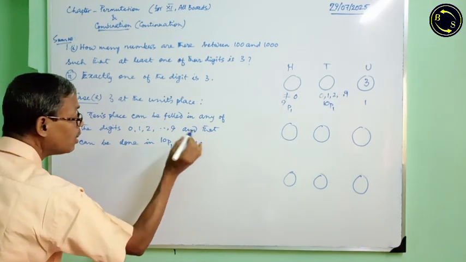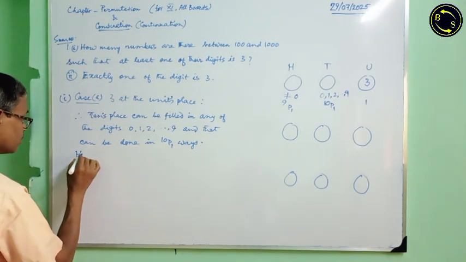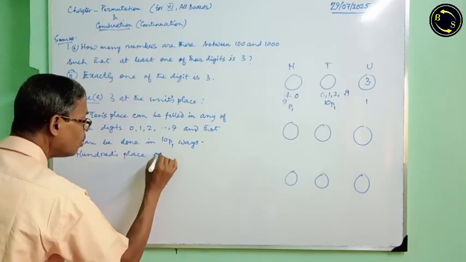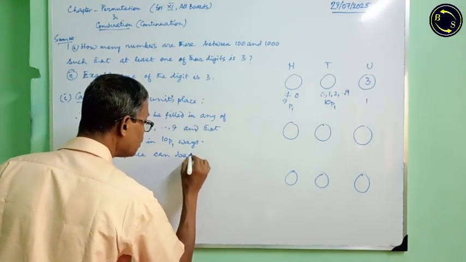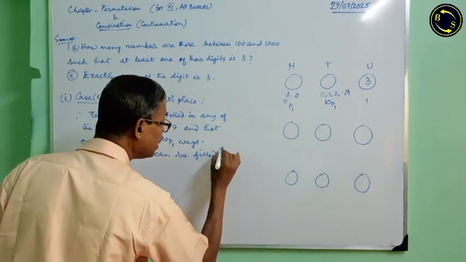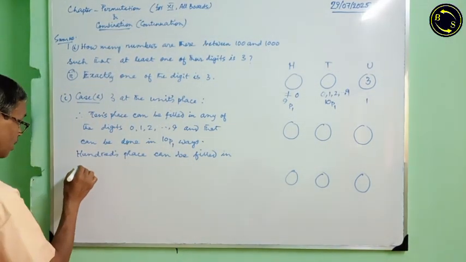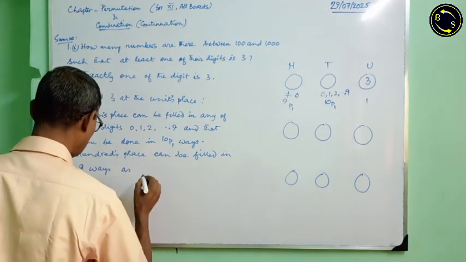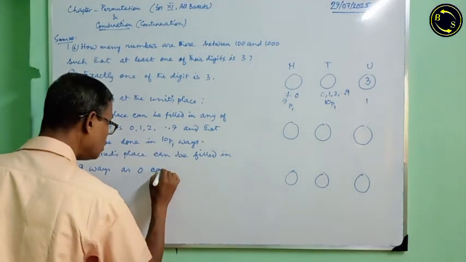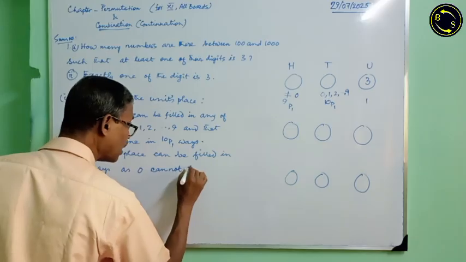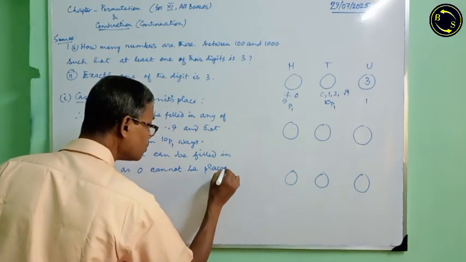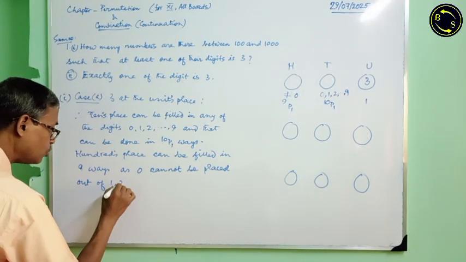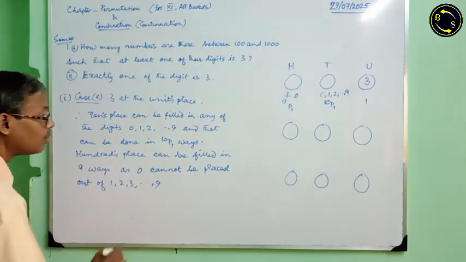Therefore, hundreds place can be filled in 9 ways, as 0 cannot be placed out of 1, 2, 3, 9.